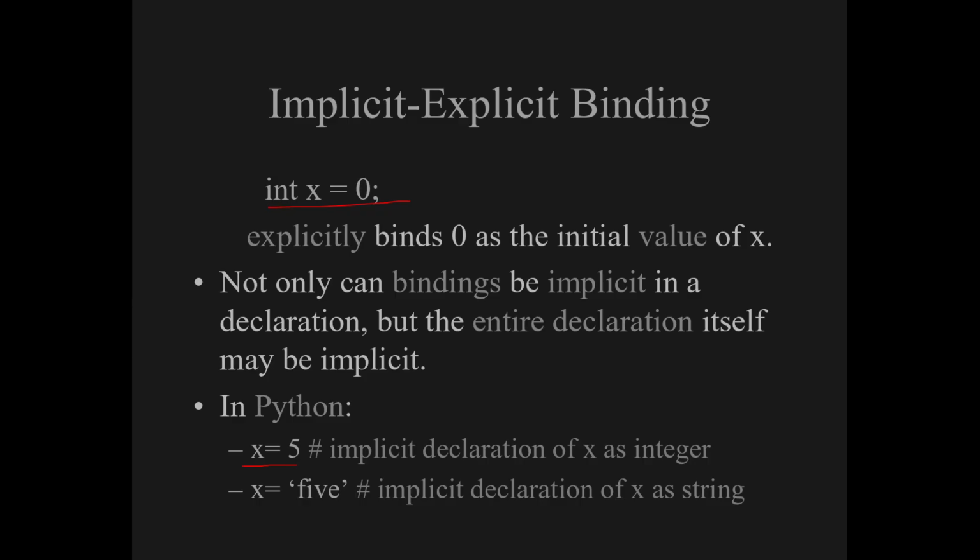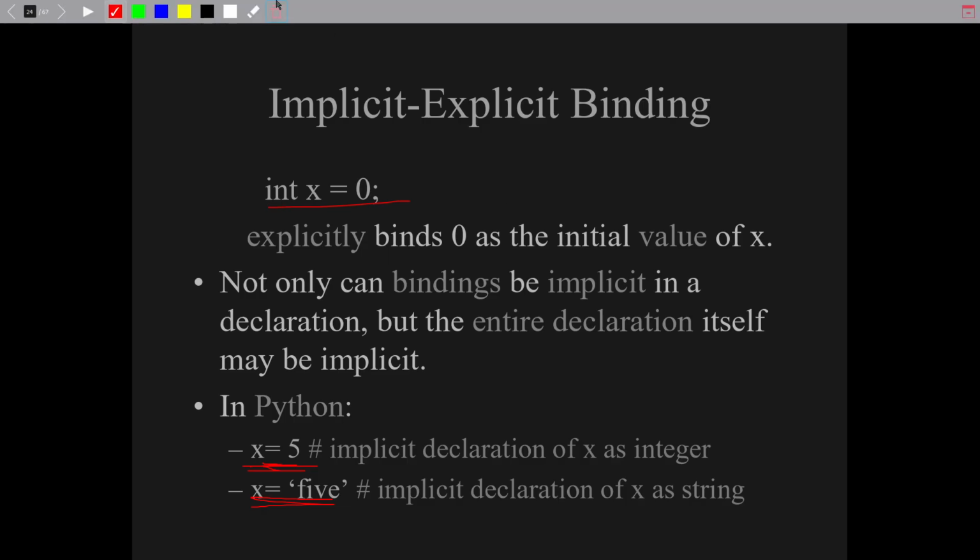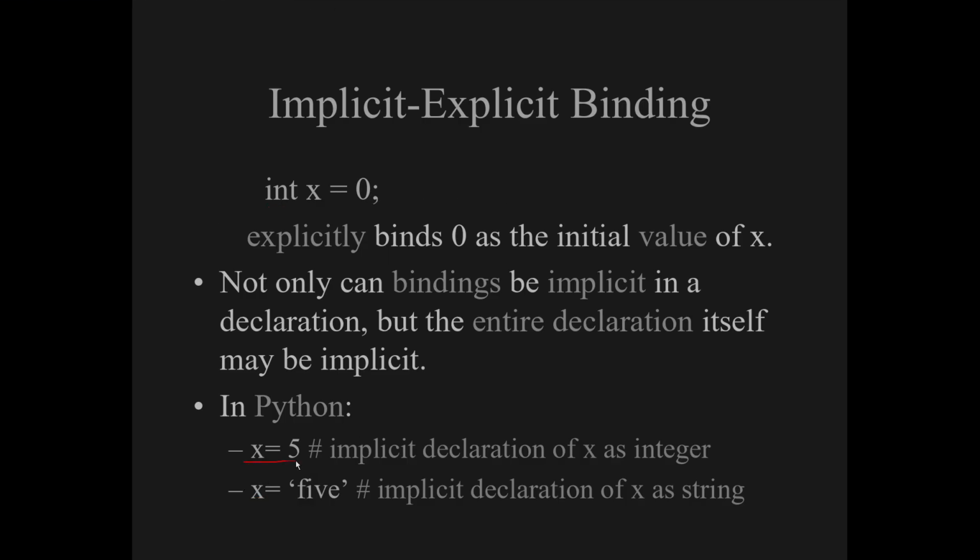You just say x is 5, so this automatically does the binding right then and there. And you can actually also follow it up with a different type, I believe. I'm not really a Python programmer, so I'm not completely sure how this works, but at least from what I'm looking at here, you can change even the type dynamically. So yeah, that's kind of cool.